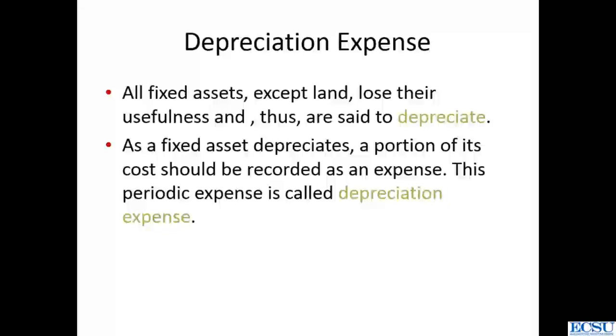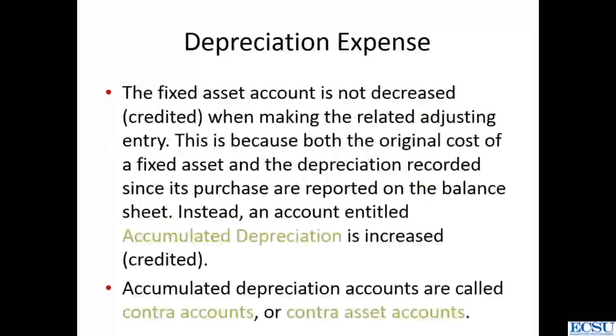Now, please understand the depreciation expense is just a book entry made in the books of accounts. We don't need to pay that money. Whatever money we have paid, we would have already paid when we purchased the asset. But for depreciation expense, we don't need to pay anything. We are just making a book entry. Now, usually the normal practice could have been to credit the fixed asset account while making the related adjusting entry for expenses, but sometimes not.